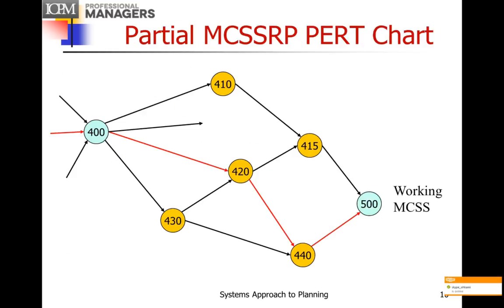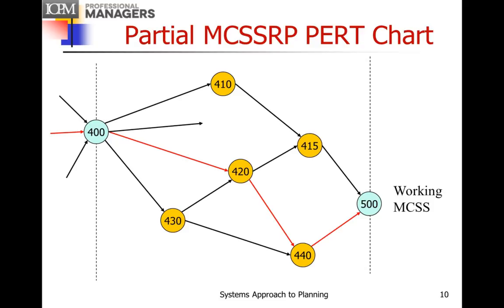Now, here is an example of that numbering scheme in a partial PERT chart for a project. Ignore MCSSRP and MCSS because I've just taken these slides out of my teaching lecture. And so you've got the major milestones 400 and 500, and between 400 and 500 all the work splits up into streams of work.